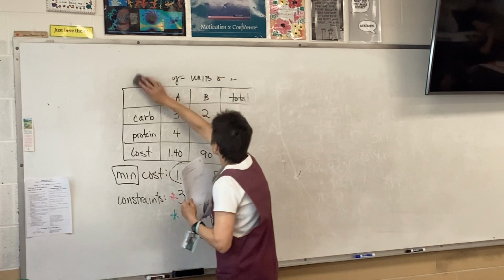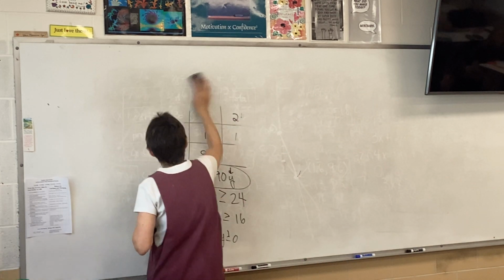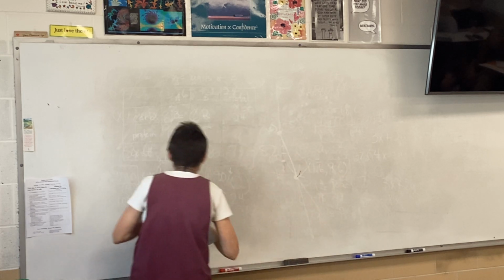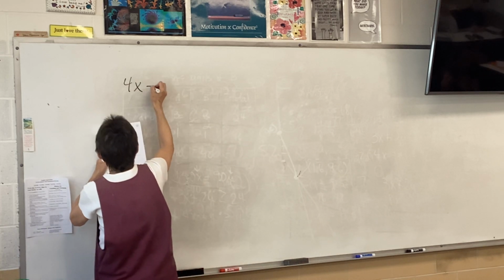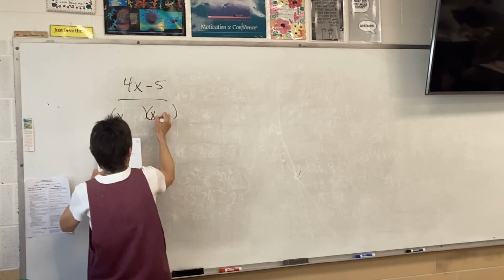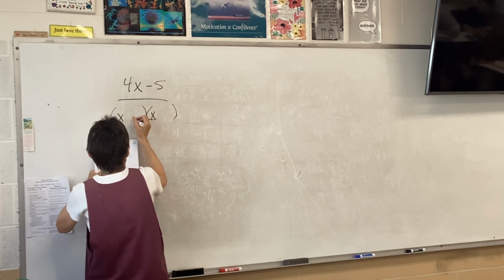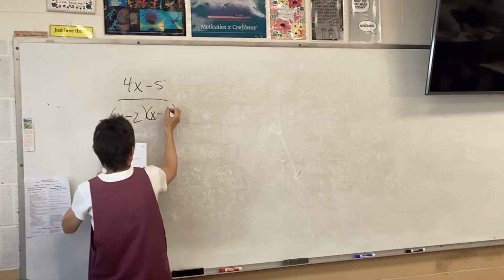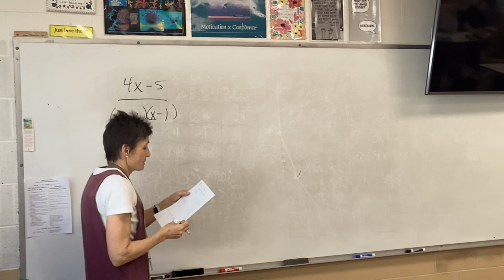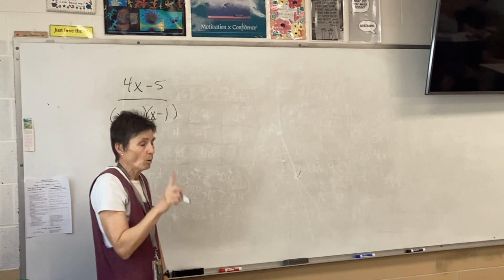We're gonna factor the bottom. x minus 2 times x minus 1, right? So then what? That's step 1, absolutely.